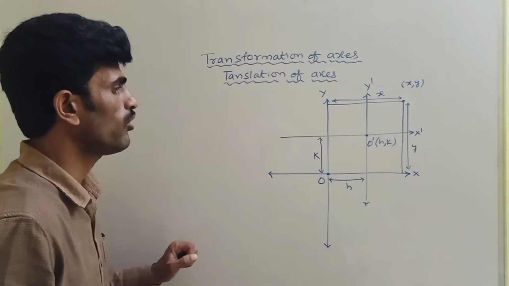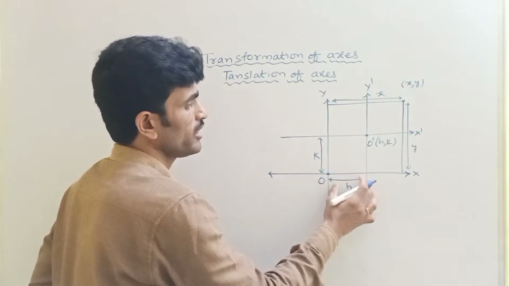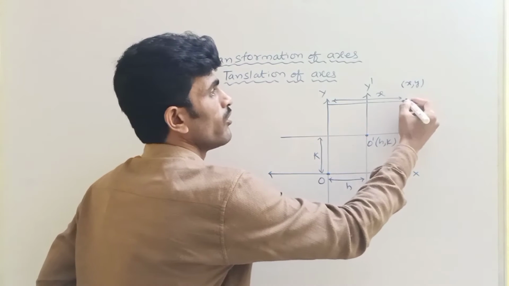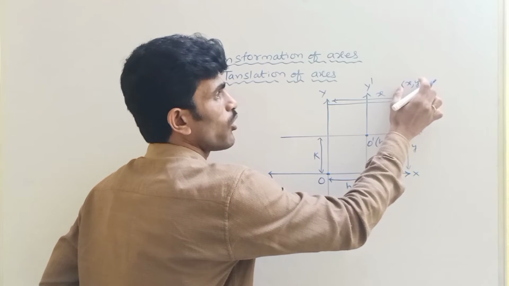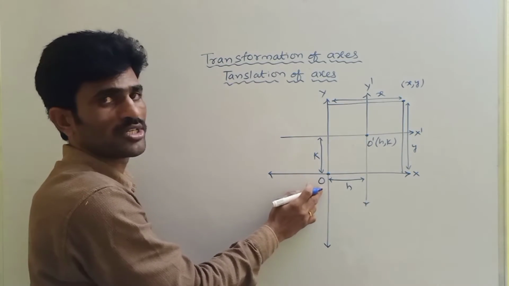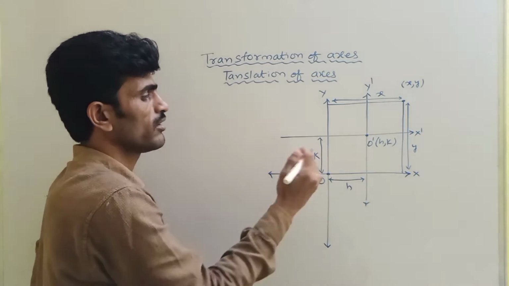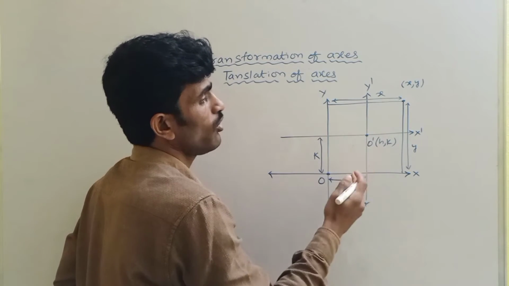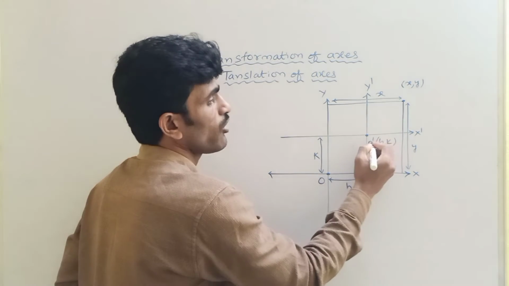Already we know from here to here it is h and this is k. These are the original coordinates, the old coordinates, with respect to the original origin, that is the old origin. Now let us see how they change according to the new origin.